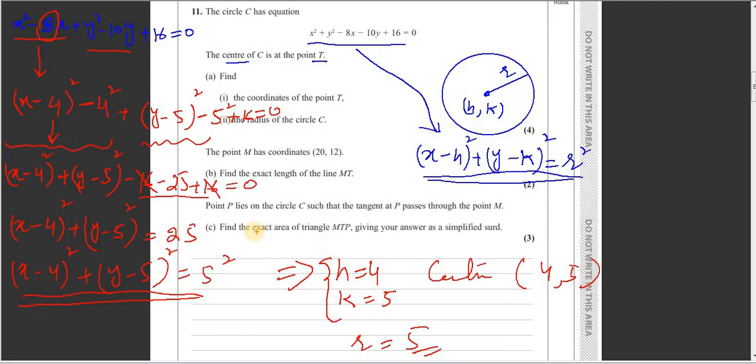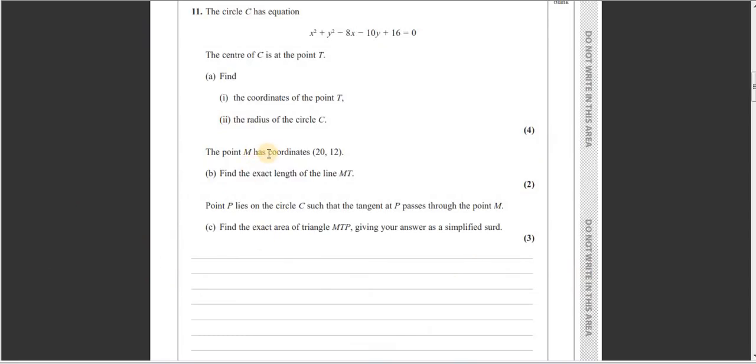So let's see the next part. The point M has a coordinate (20, 12). Find the exact length of the line MT. So you have a circle with the center you have already found, which is (4, 5), and you know that the radius of the circle is 5.